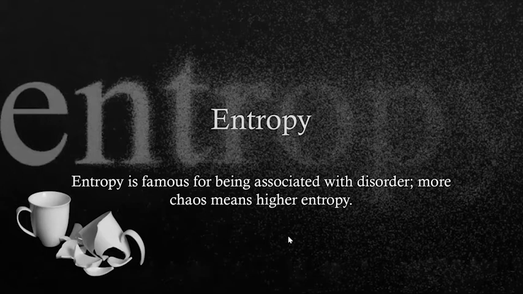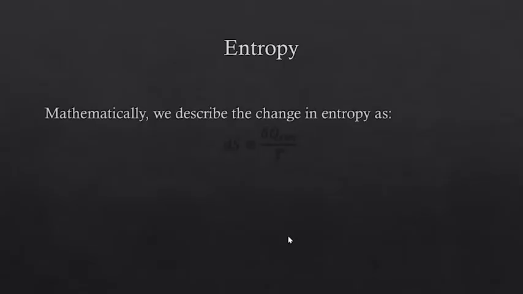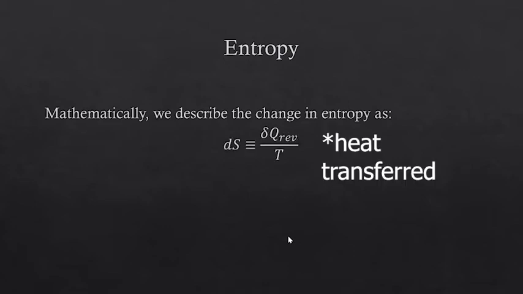In our entropy balance later, we will view entropy as both arising from heat transfer and on an irreversibility term. Mathematically speaking, we define the change in entropy as the reversible amount of heat divided by the temperature. As such, the units of entropy in the SI system is joules per Kelvin.